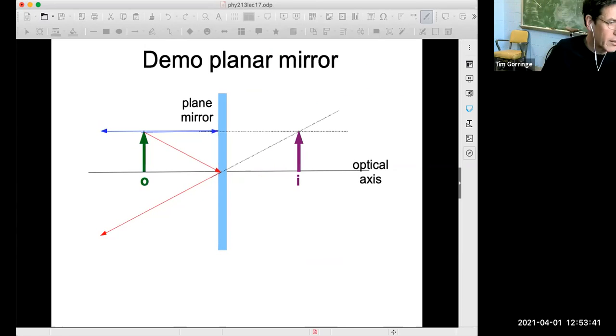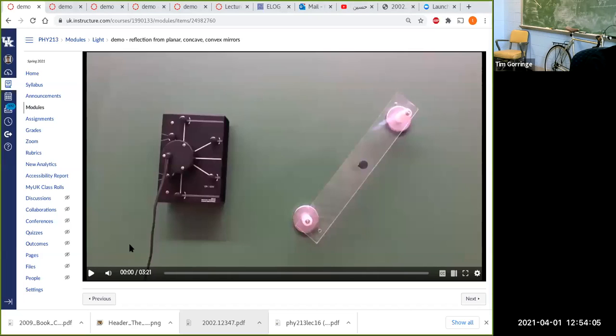Oh, I want to demonstrate this. So let me share a different screen. We'll look at a little demonstration. In this demonstration, I'm going to show you a few little bits and pieces that go with it.